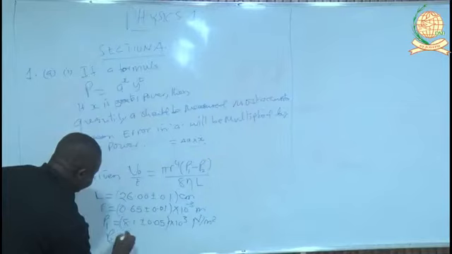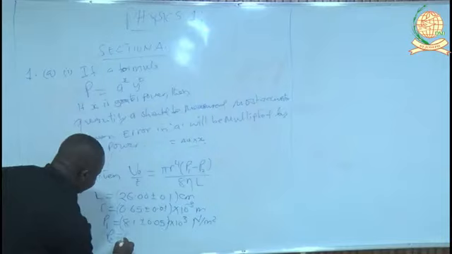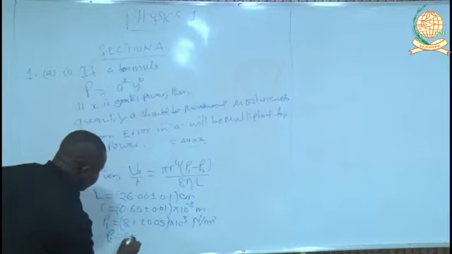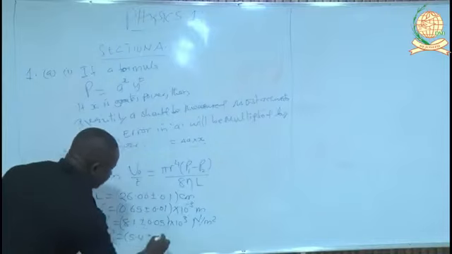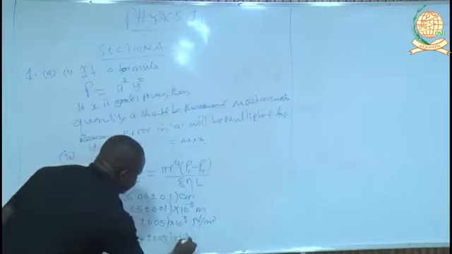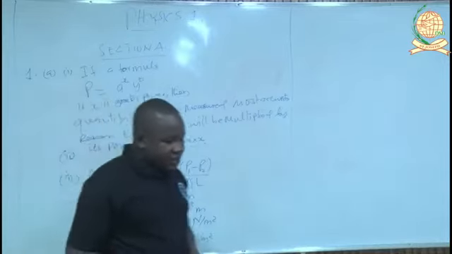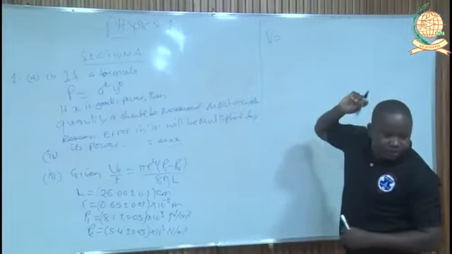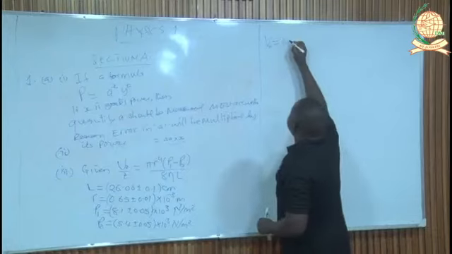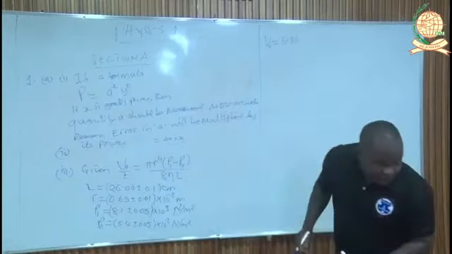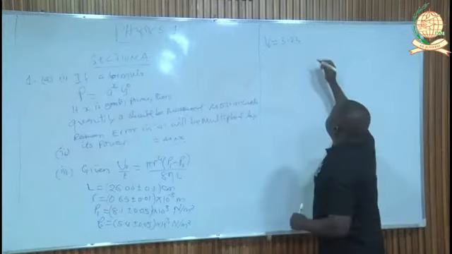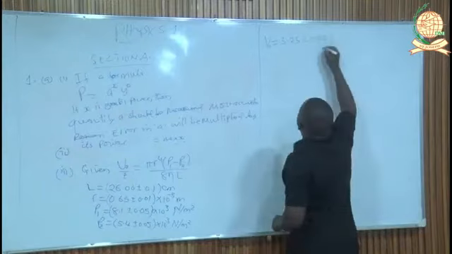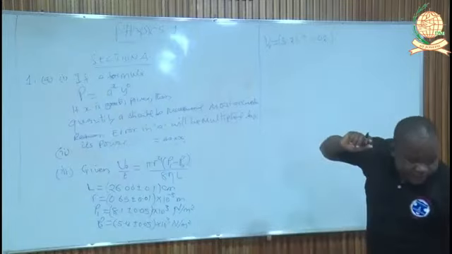Pressure 2 is 5.4 plus or minus 0.05 times 10 to the power 3 Newton per meter square. And we have the volume equal to 3.2 plus or minus 0.02, measured in centimeter cube.